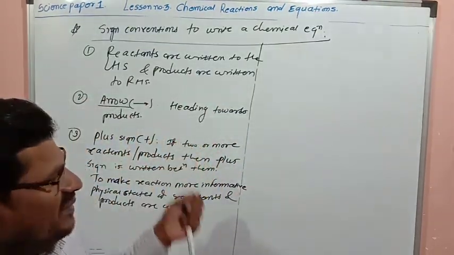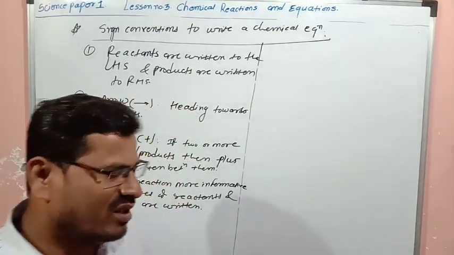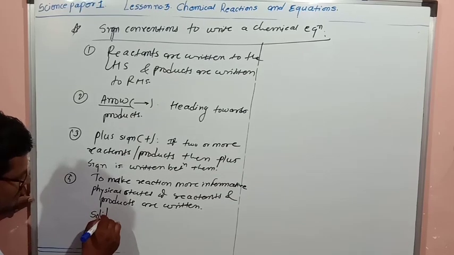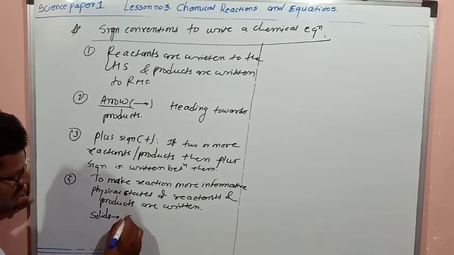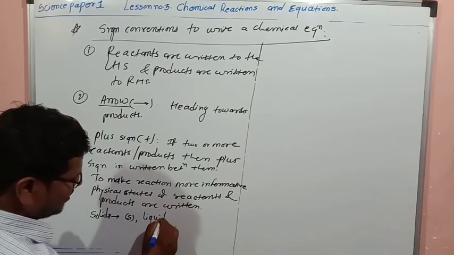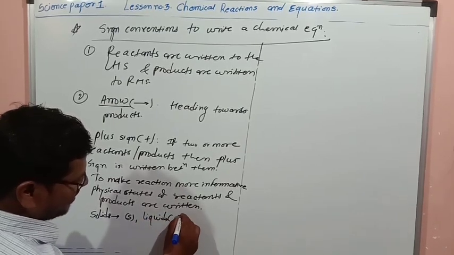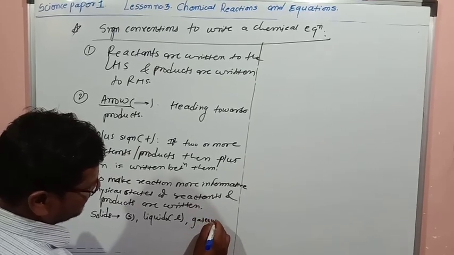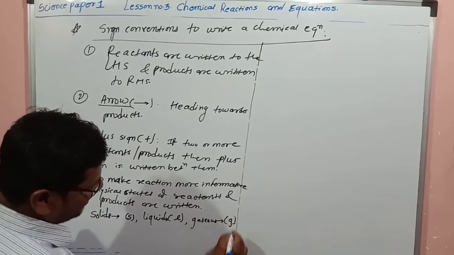With the help of an example we will see this. Suppose the reactant or product is a solid, then you write (S) in brackets. Suppose it is in a liquid state, then you write (L) in brackets. If it is in a gaseous state, then you write (G) in brackets.